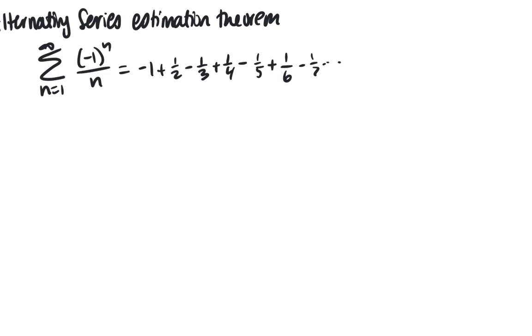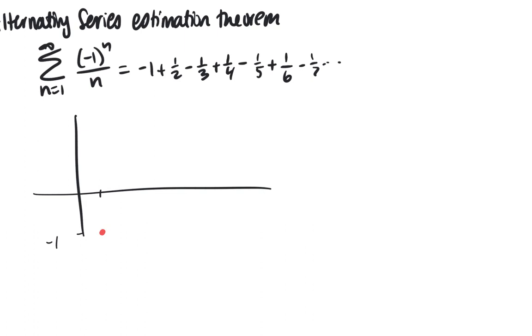And if I were to plot this on a graph here, I'm going to plot the partial sums. The first partial sum is just negative 1. And then the second partial sum would be negative 1 plus a half.